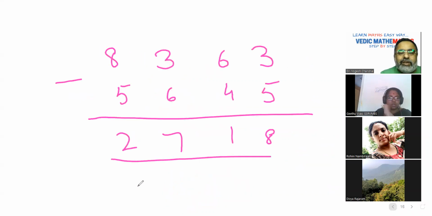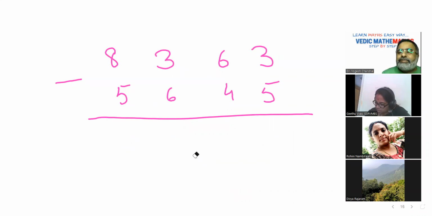Same bigger question. Now solve the same using vinculum. Sir, it will be 3 bar 2 bar.